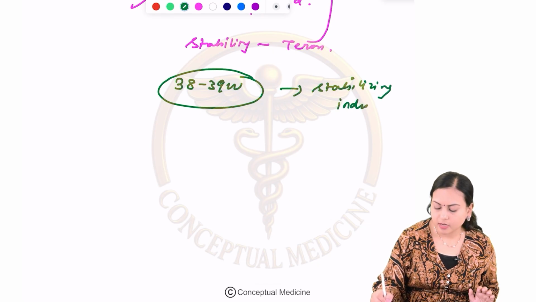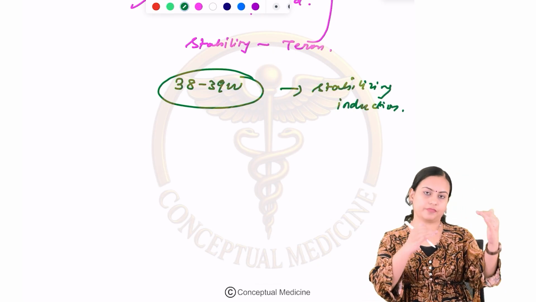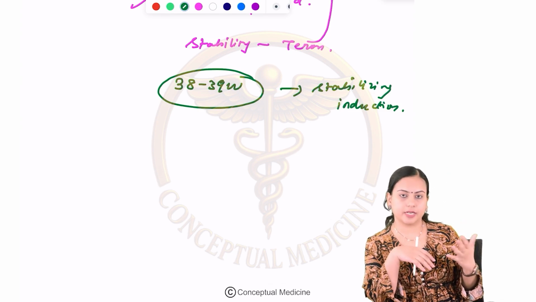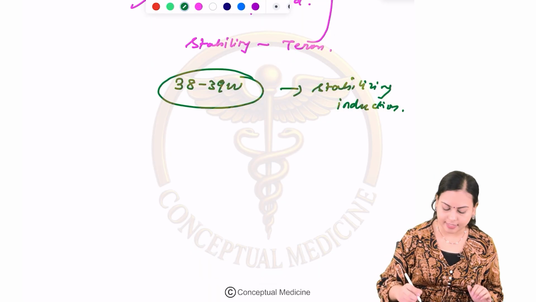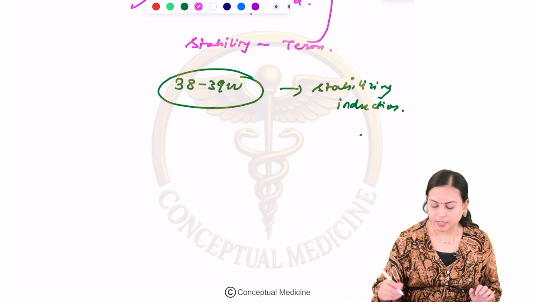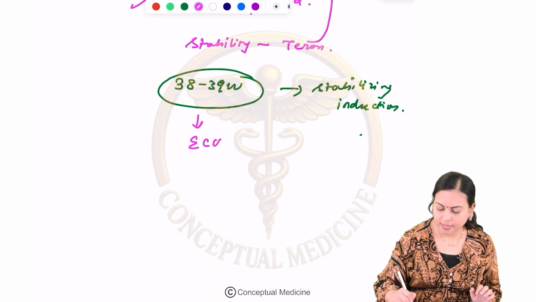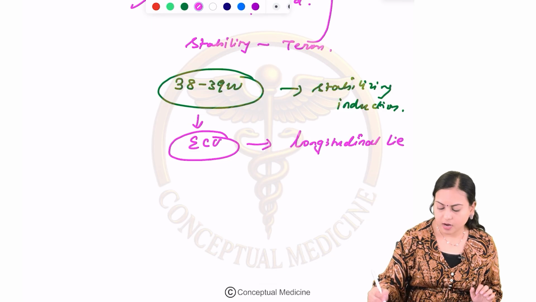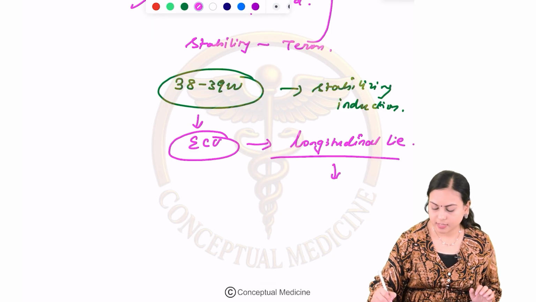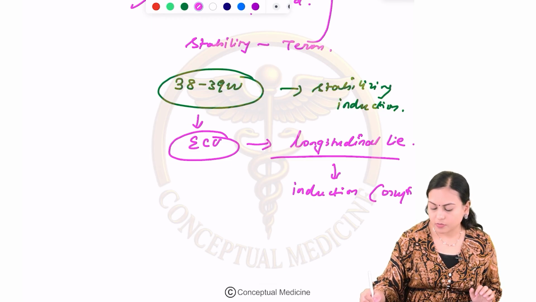That is, you can bring the head or the breech down, and then you can start the induction of labor simultaneously. So, what is stabilizing induction? You will be performing an external cephalic version and changing the lie into a proper longitudinal lie, and you will be starting the induction of labor simultaneously by using oxytocin.